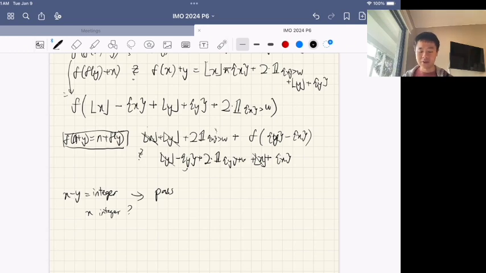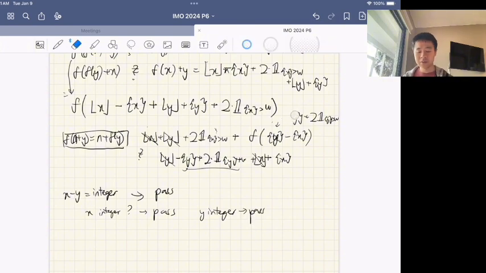Now this one just becomes negative f of the fractional part of y, plus 2 times the indicator of whether this is greater than w. However, this matches exactly this term, so this also passes. And same thing, we know that if y is an integer, this also passes, right?